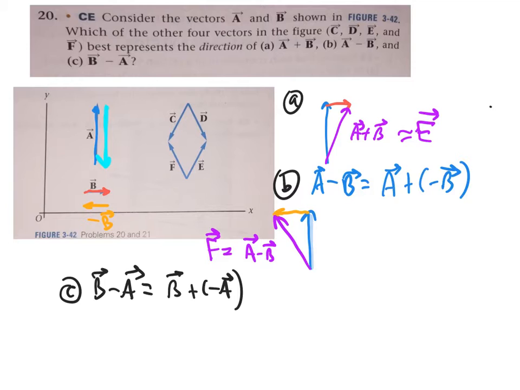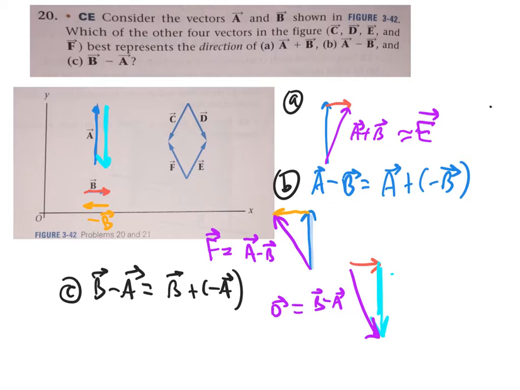And so we take b, and we add in minus a. And we see that the tip-to-tail construction gives us this, which is d. Really, this would be b minus a, and that's roughly in the direction, at least, of d, because d goes like that, and our vector goes in the same sort.